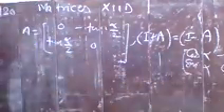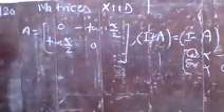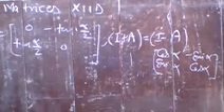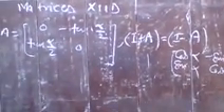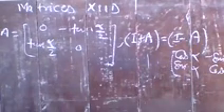You have to prove the matrix in this way. A matrix is given, and you have to prove that I plus A is equal to I minus A into cos alpha, sin alpha, minus sin alpha, cos alpha.